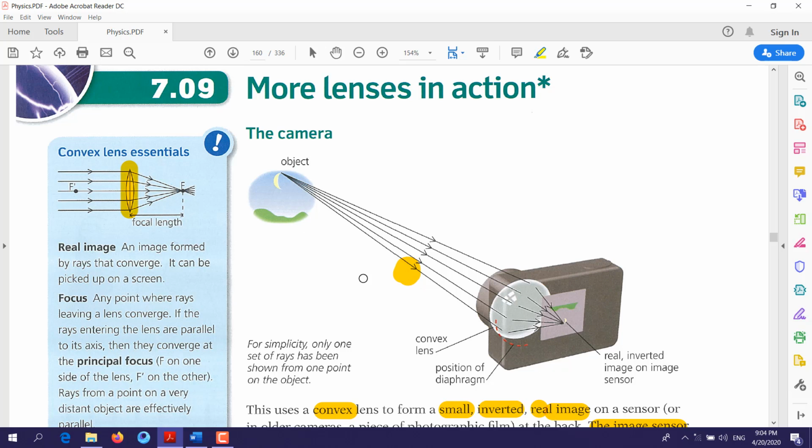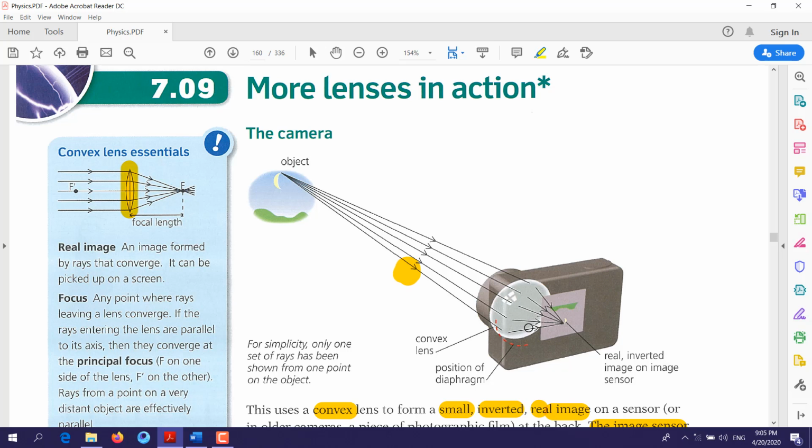So now what change happened? The change that will happen is the size of the object, because the distance now from the object to the lens is short. So the object now, of course, looks larger. Because it's larger, it will not show clearly on the sensor.